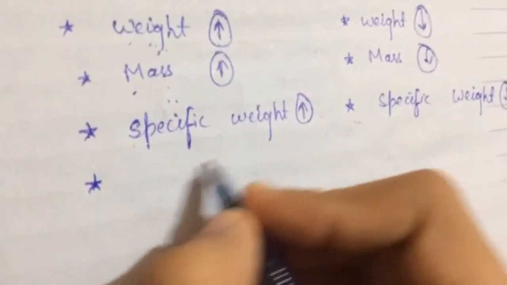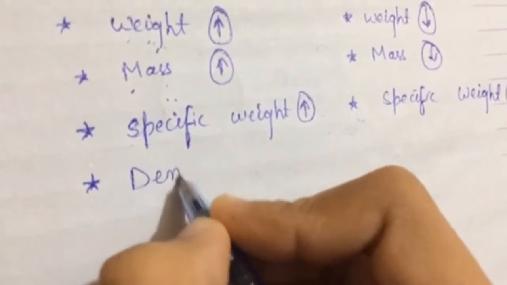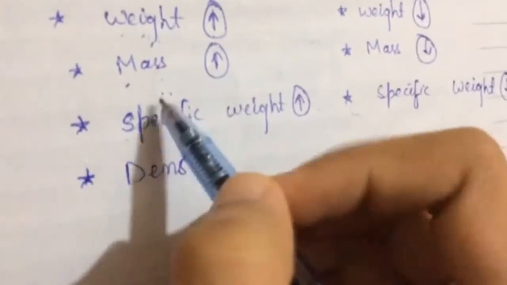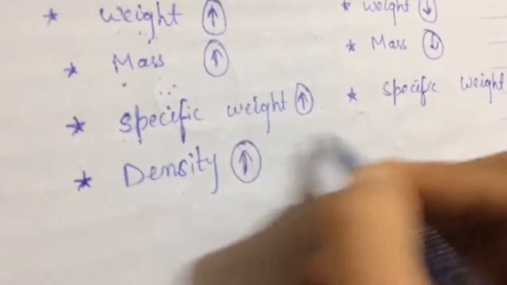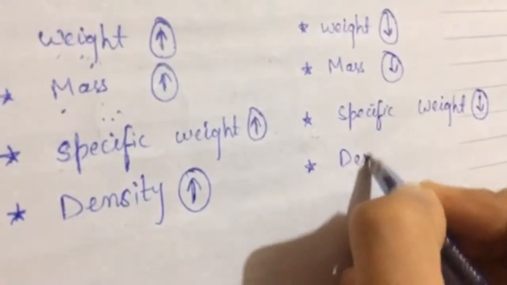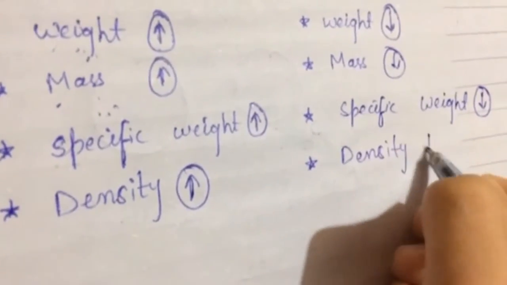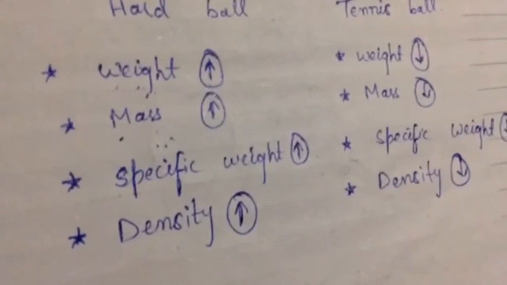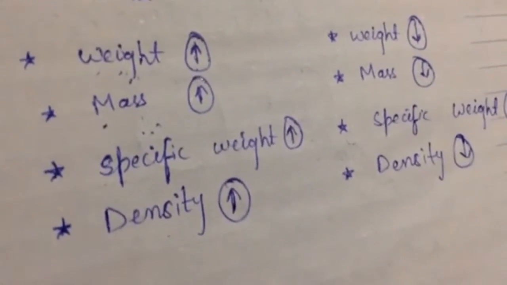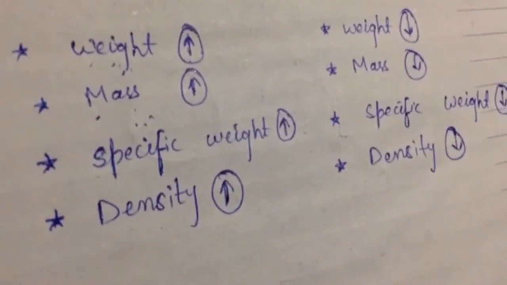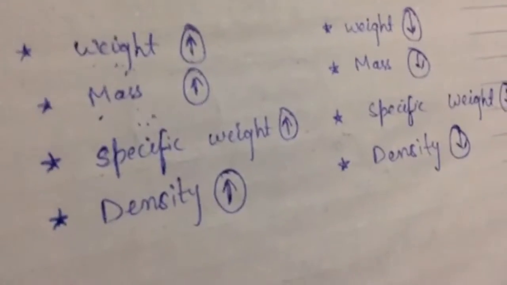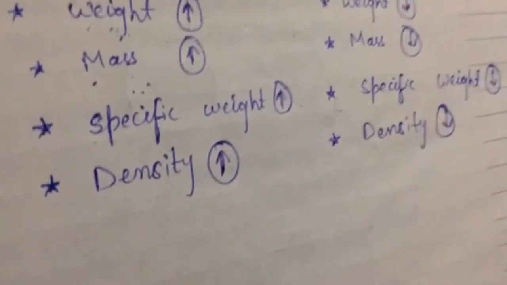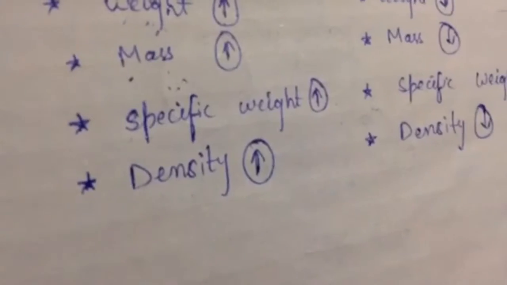Their density is also increased in the hard ball because its mass increases, and density decreases in the tennis ball. So overall we say that the hard ball has a greater density and specific weight than the tennis ball, because the hard ball has more mass and more weight.